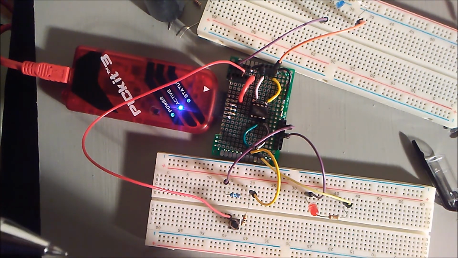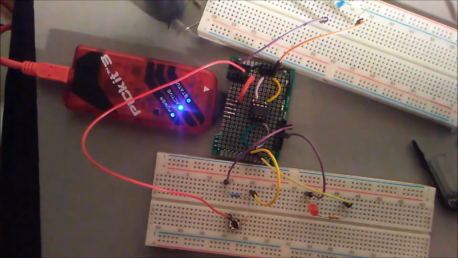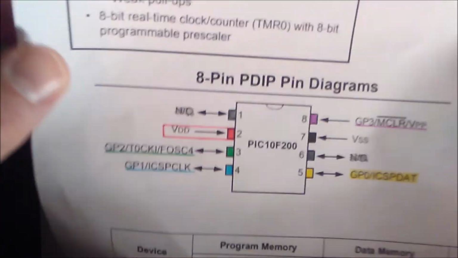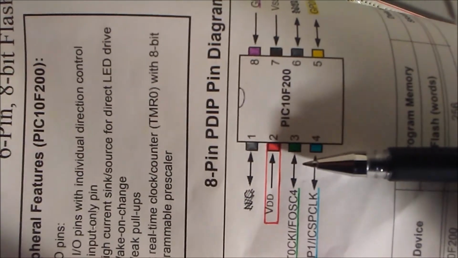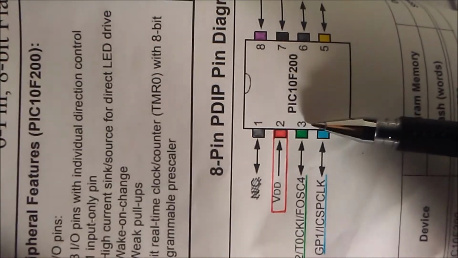So what I did is I surrounded that for loop with an if statement, and I don't know if I explained it in the code when it was on camera, but it relied upon input pin GP2 to sense a high. So actually I better orient it the same way as my chip. So here's GP2.